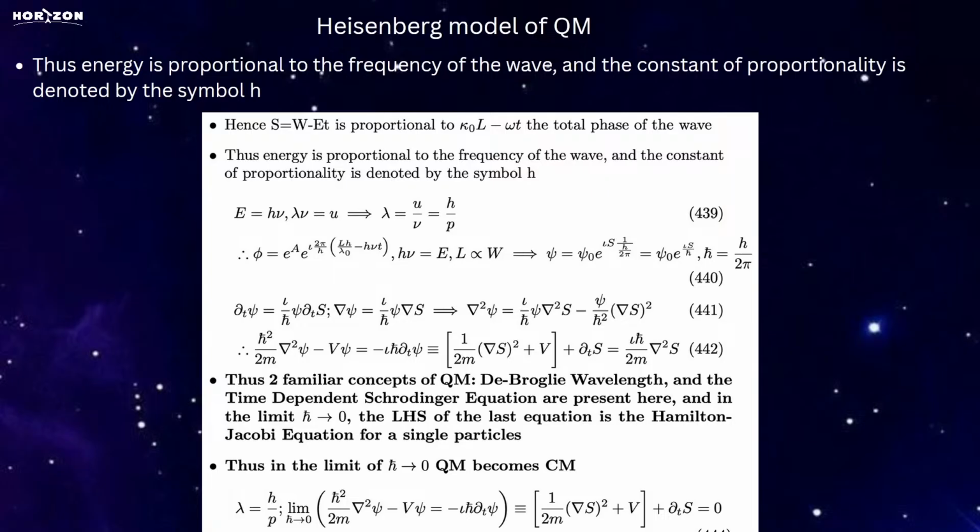So in the limit h bar tending to 0, quantum mechanics becomes classical mechanics. We also get the de Broglie wavelength, which is h by p, for free. Thus, we can formally prove concepts in quantum mechanics using just classical mechanics.